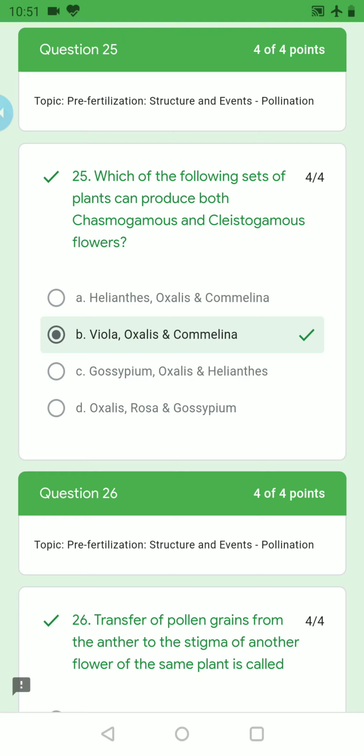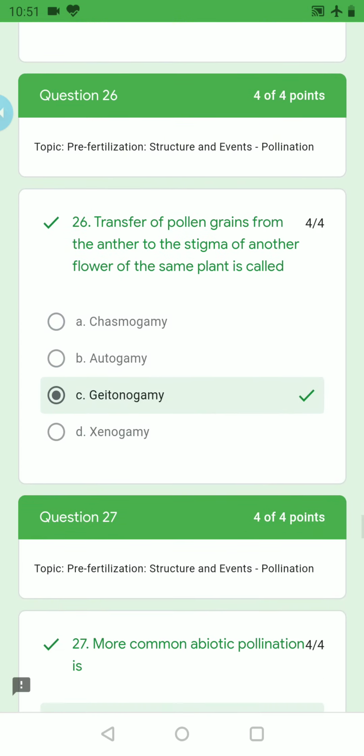Chasmogamous means flowers with exposed anthers and stigma, lying close to each other. What about Cleistogamous? The flowers which do not open at all. The best examples for both conditions: viola, oxalis and commelina. Got it? Yeah. The next question.